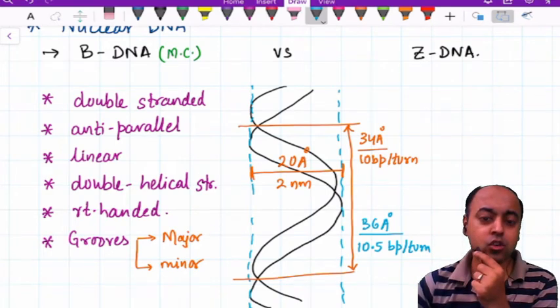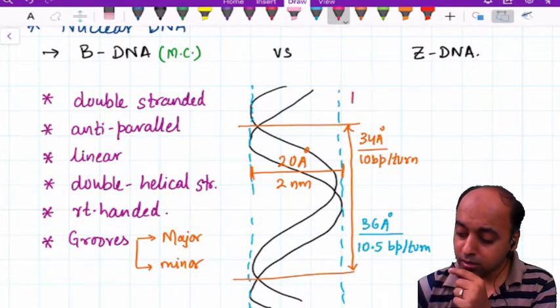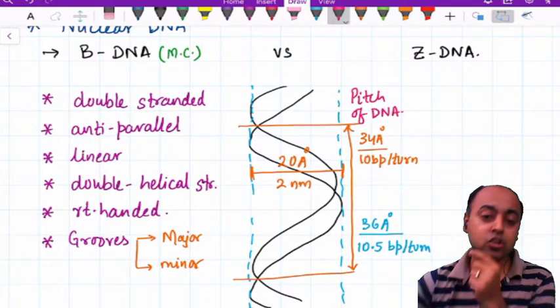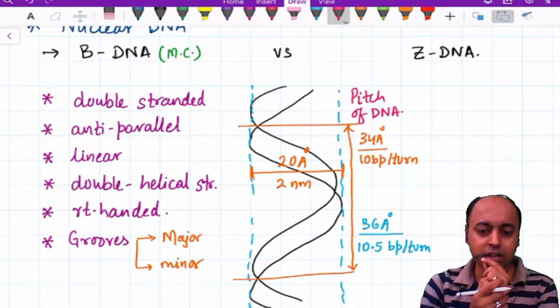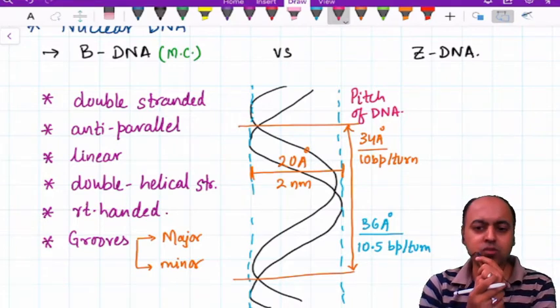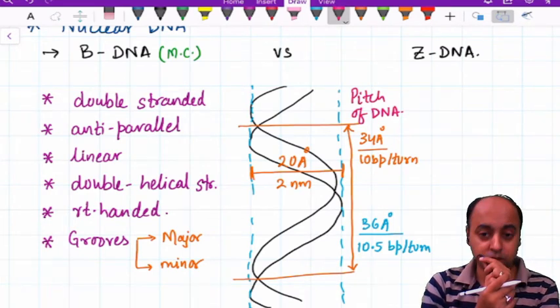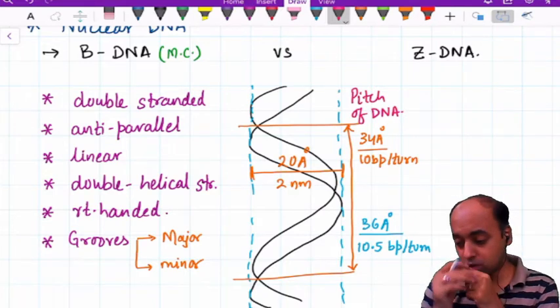That distance occupied by one turn of DNA is called the pitch of DNA. So what is the pitch of B-DNA? The pitch of B-DNA is more correctly 36 Angstrom or 10.5 base pair per turn, but your books will mention 34 Angstrom or 10 base pair per turn.